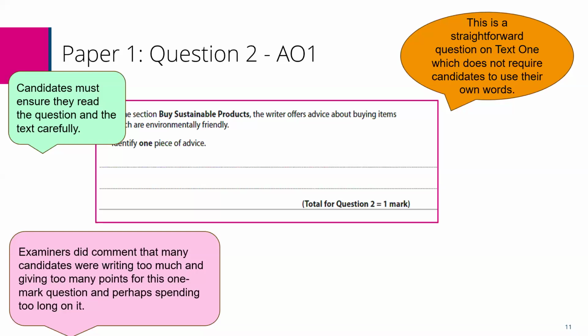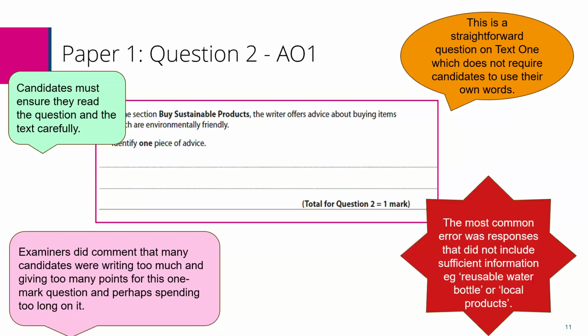Examiners did comment that many candidates were writing too much and giving too many points for this 1-mark question, and again, like question 1, spending too long on it. And the most common error was responses that did not include sufficient information, for example, reusable water bottles or local products.